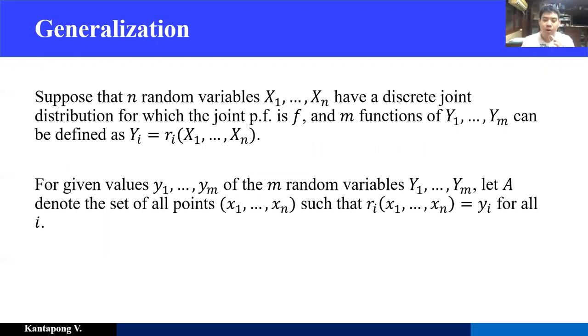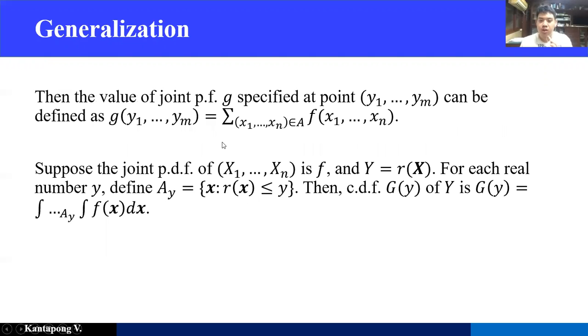Suppose that we have random variables X1 to Xn with a discrete joint distribution, and we have Y1 until Ym. That is the specification, nothing else interesting. What is very interesting is that for g of Y1 until Ym, we have to find X1 until Xn that pass the criteria A, that is, fi of xi is yi for all i.